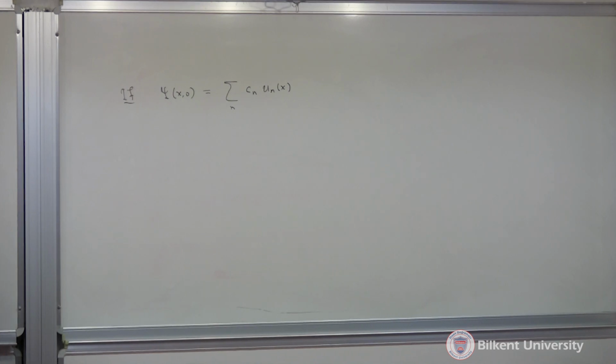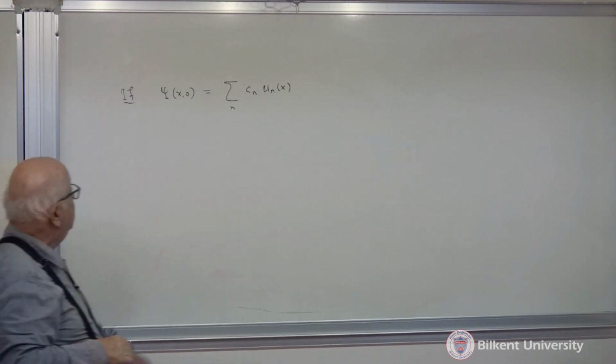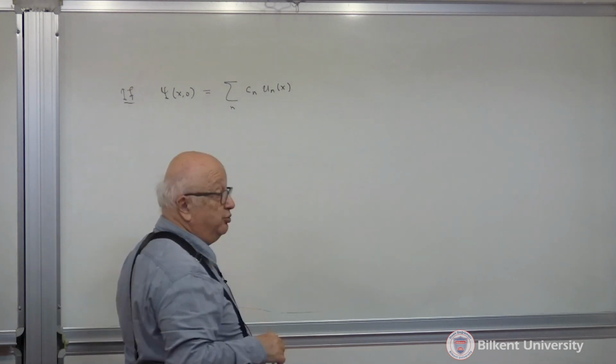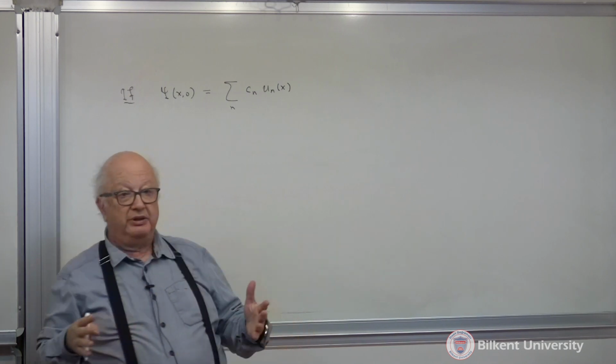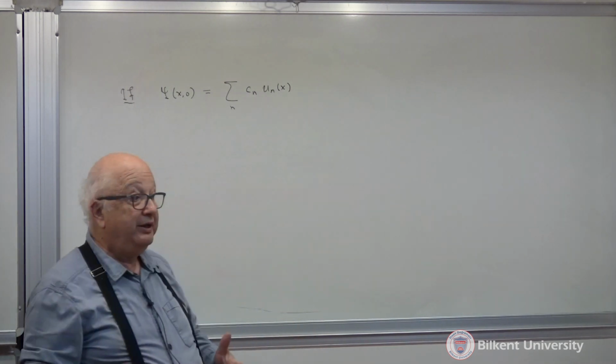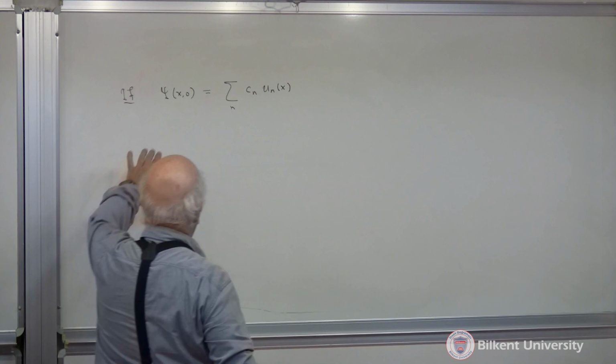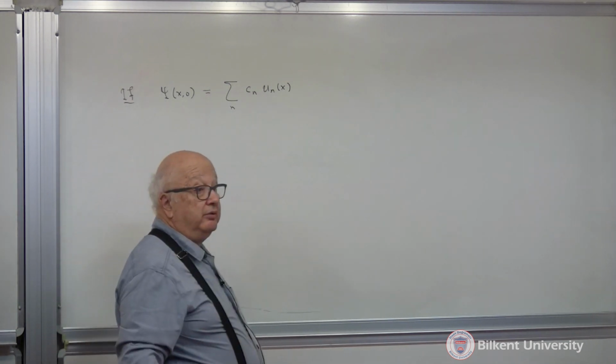So now it's a more general case. Now, you see, this function is usually given to us, and we are asked to find what happens at larger times in t.